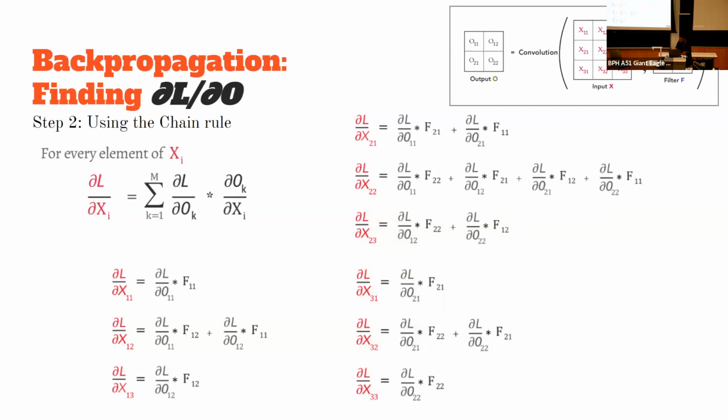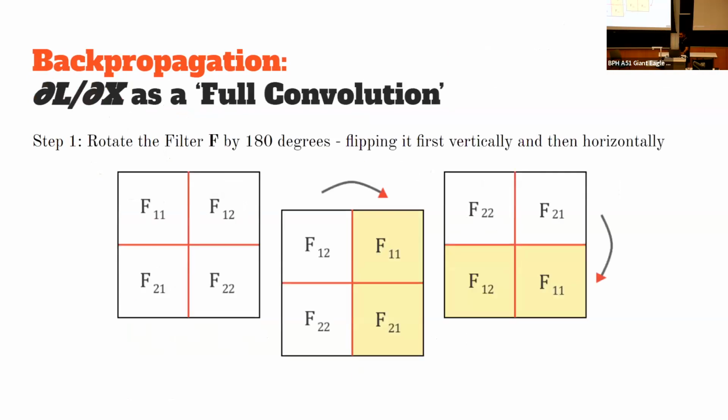The reason being, let's say I have my original filter, which was f11, 12, 21, and 22, right? Let's rotate the filter by 180 degrees. Basically, let's say I flip the filter vertically. When I flip the filter, F21 and F12 and F11 get interchanged, as shown here, and then F22 and F21 are interchanged from here.